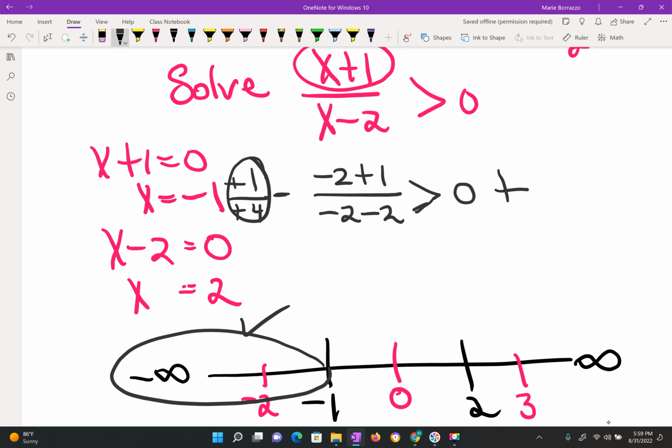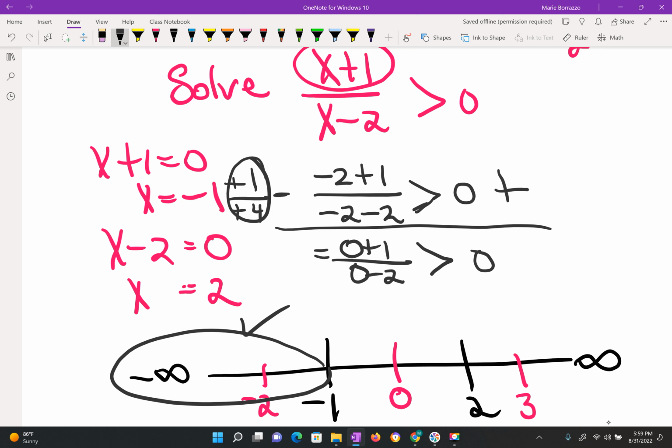If I put in 0 for the next test point, I'm going to use 0 plus 1 over 0 minus 2. Is that greater than 0? You'll notice that you get negative 1/2. Negative 1/2 is a negative and therefore not fulfilling what I'm looking for, right? So this interval, goodbye.